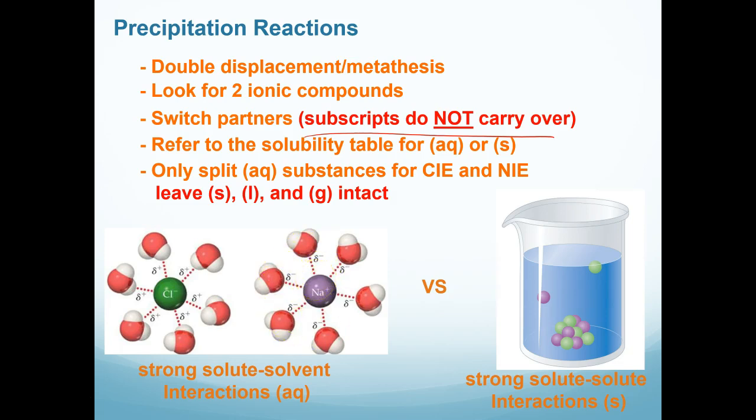And that solute-solvent interaction is much stronger than just the plus and minus of the sodium and the chloride coming together. Now, something that's insoluble in water has strong solute-solute interactions, or we can say that ionic bonding is very strong.